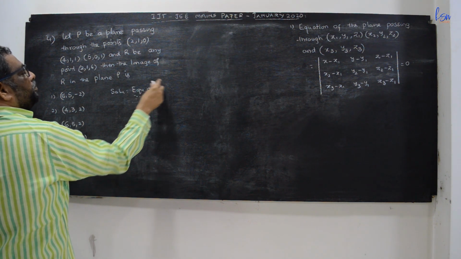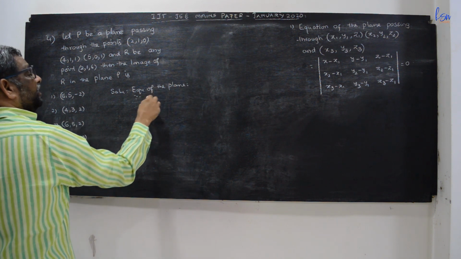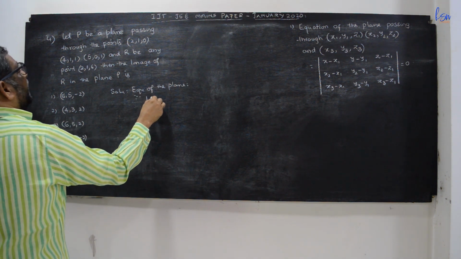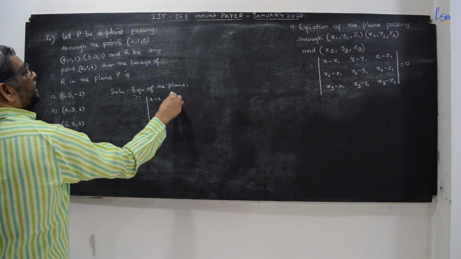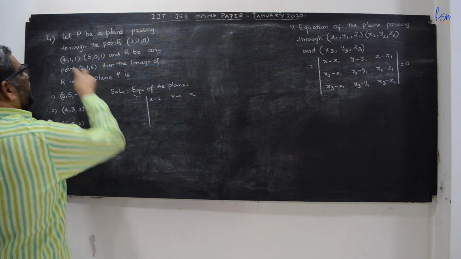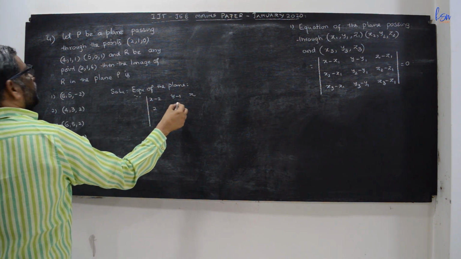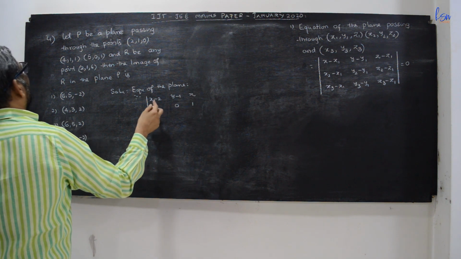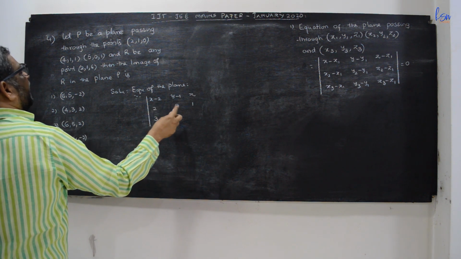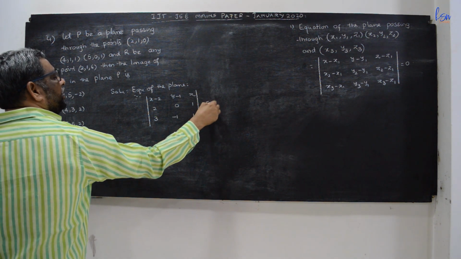Equation of the plane. x minus 2, y minus 1, z minus 0, and the rows x2 minus x1: 4 minus 2, 1 minus 1, 0; 1 and 3, minus 1 and 1, equal to 0.